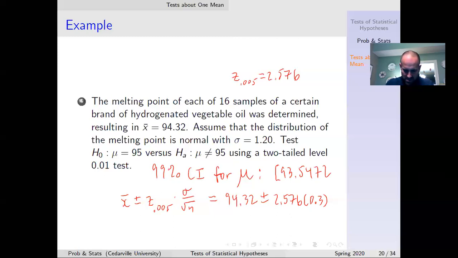And then 94.32 plus 2.576 times 0.3 is 95.0928.